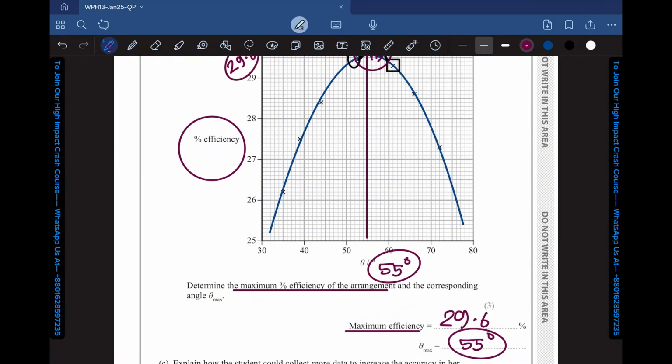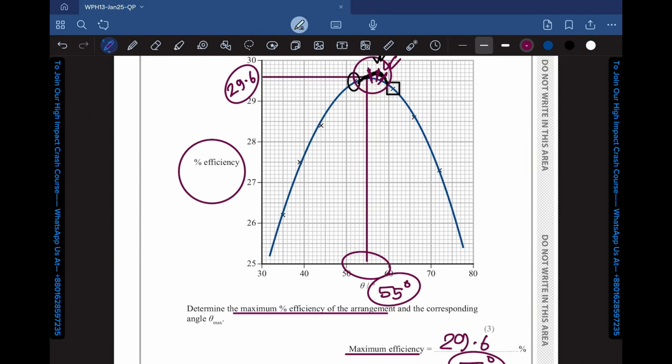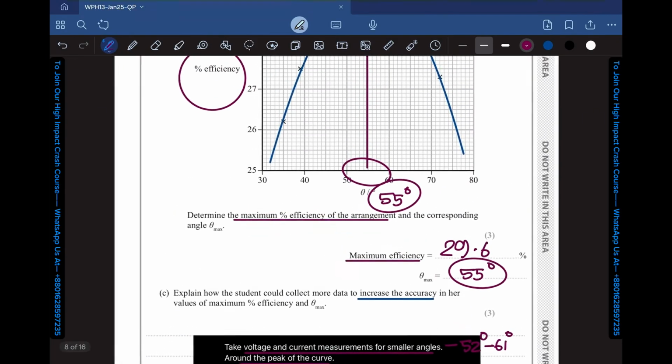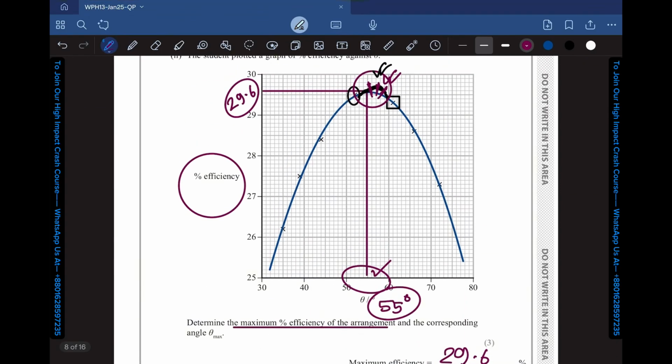So now we will take values from, let's say, 52 to 61. We will take more measurements in this region, because this region corresponds to this region as well, right? So smaller angles means 52 degrees to 61 degrees, around the peak of the curve. This theta value corresponds to this peak of the graph, right?